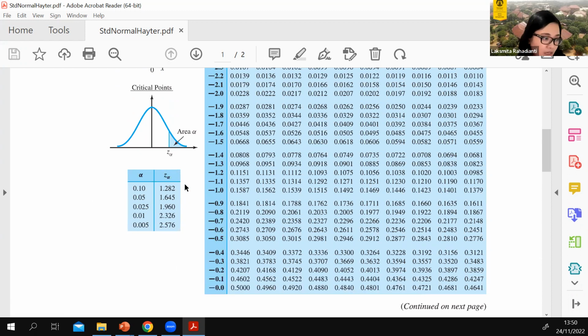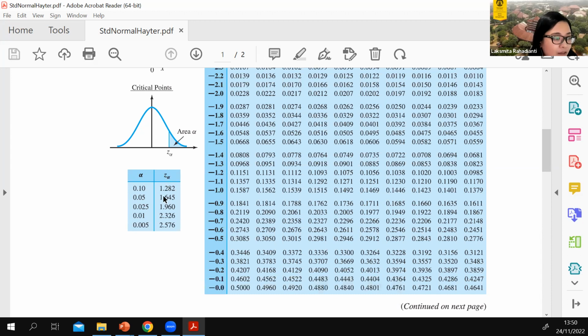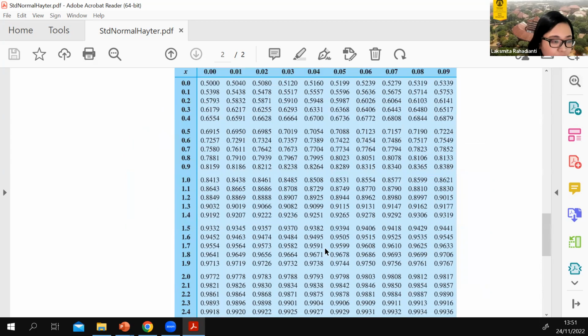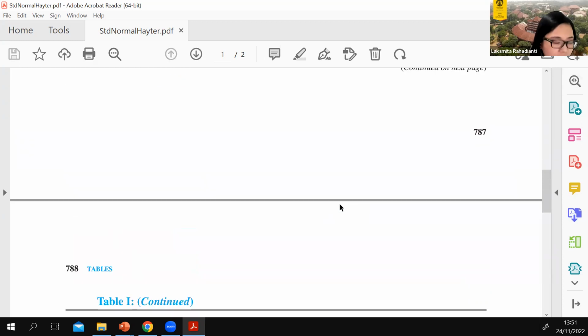So since I'm using a z alpha of 0.05, I can immediately use this value here. When I have an alpha of 0.05, then my z alpha is 1.645, which is consistent with when we were trying to find 0.05 here. It's a little bit less than 1.65, which is indeed correct.